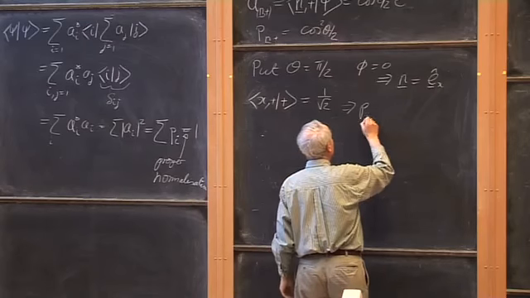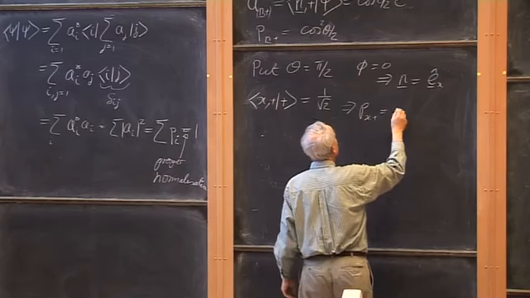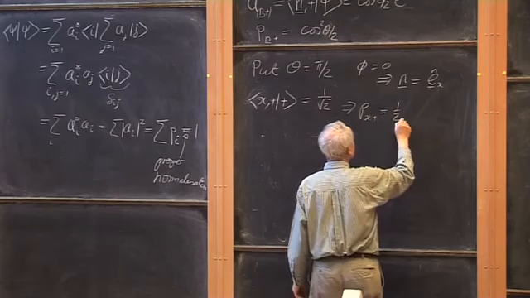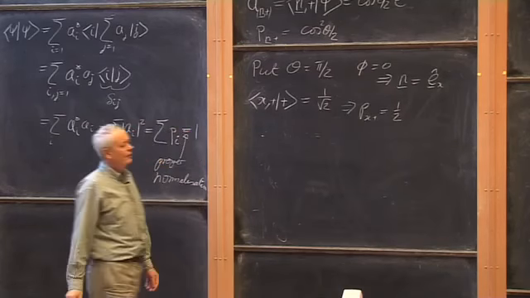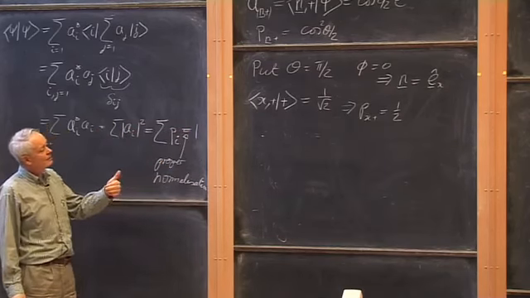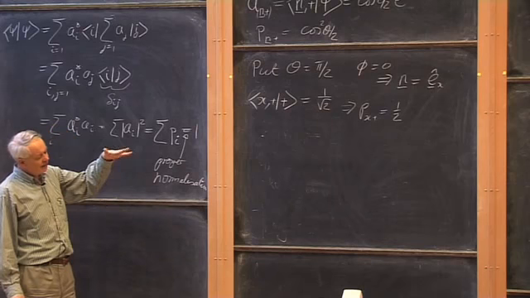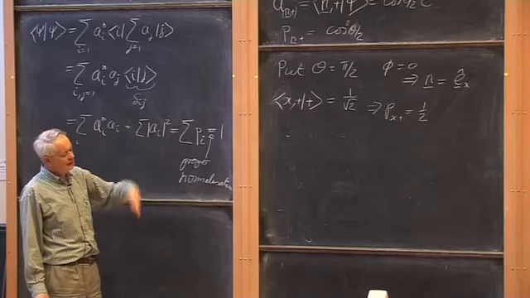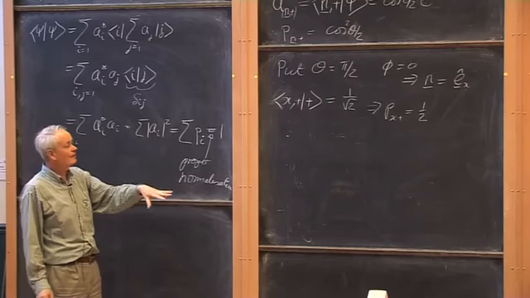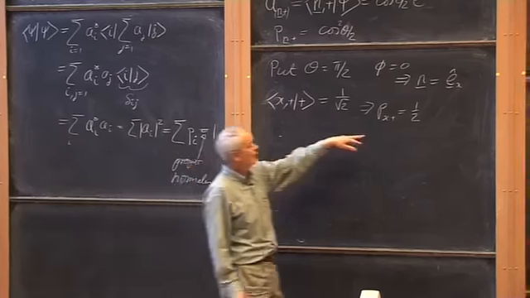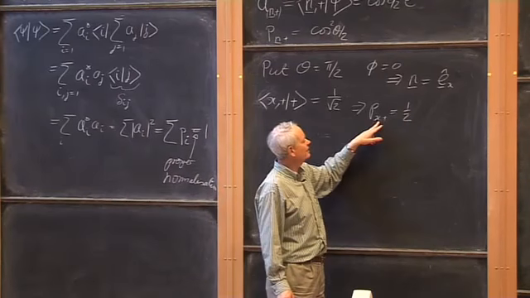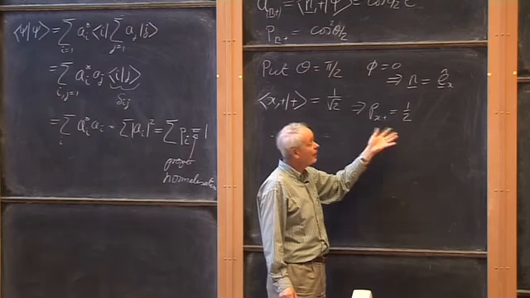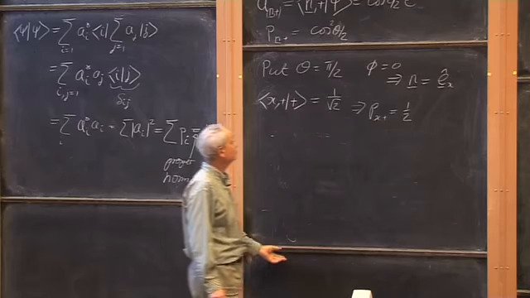So p x plus is in this case equal to a half, which seems pretty reasonable, because in some sense knowing that the spin has a component plus along z, rather than minus along z, doesn't really help us to say anything about x. So we really have total uncertainty. Because if the probability to be plus on x is a half, the probability to be minus on x must also be a half.